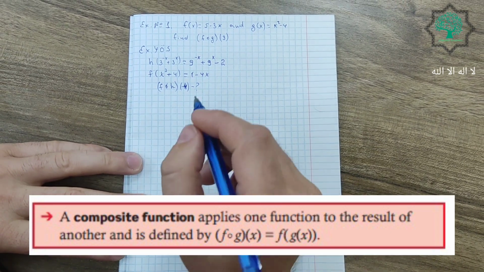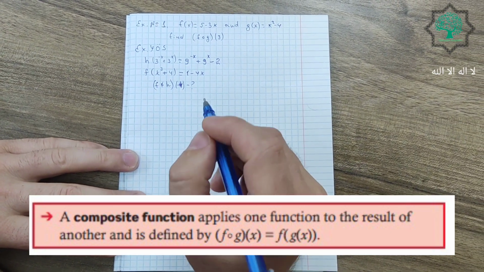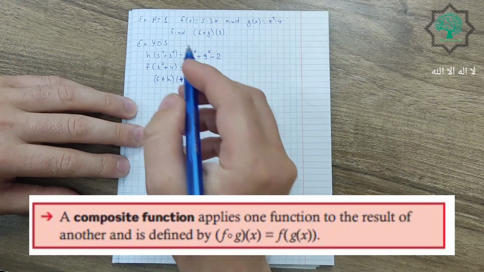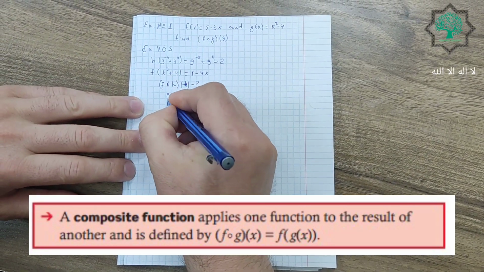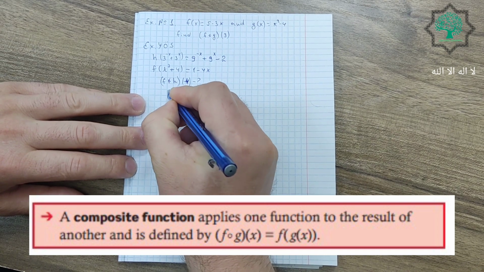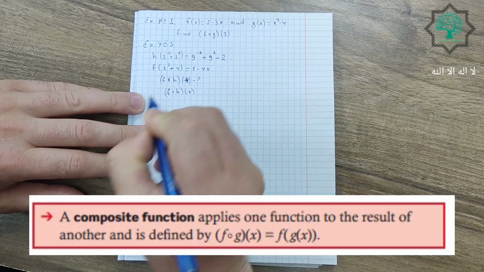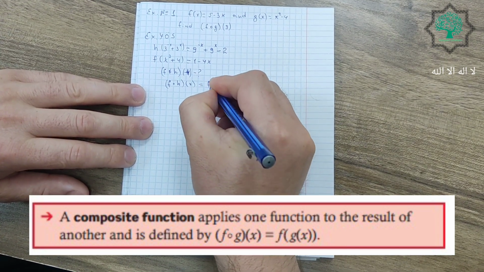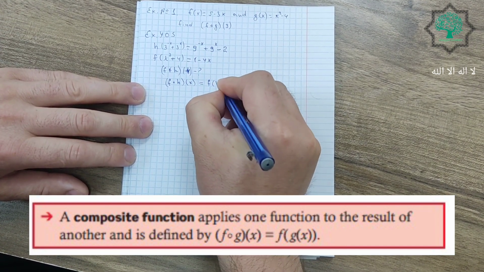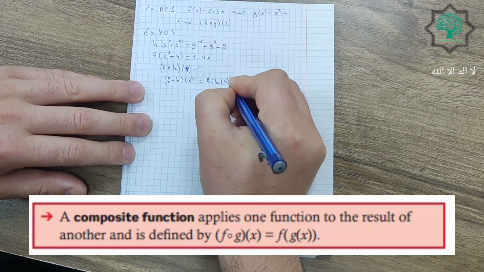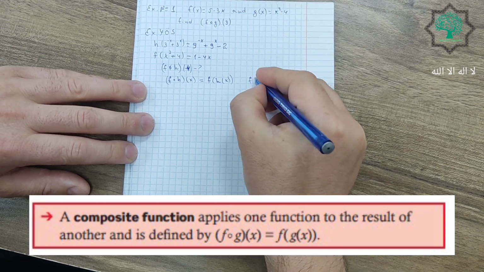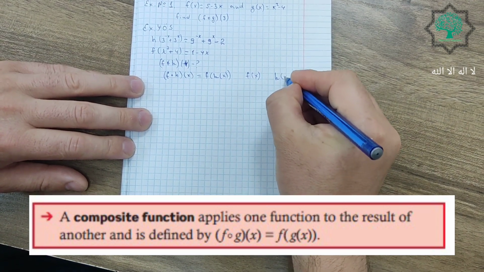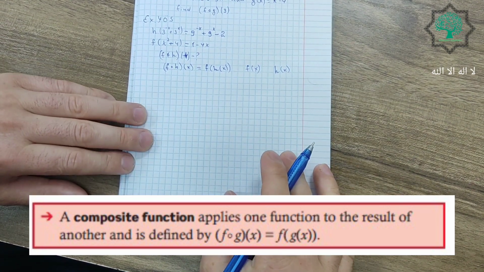So a composite function applies one function to the result of another and is defined as f of h of x. Here f of x is one function, also h of x is another function.